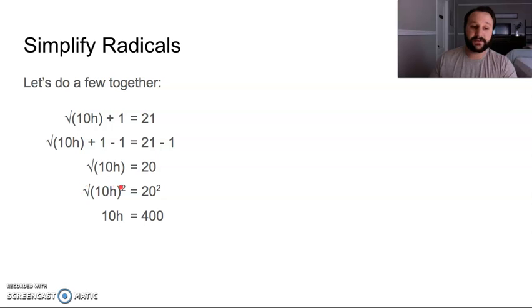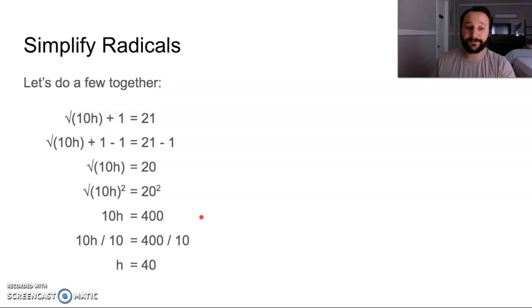The square root and the square cancel each other out. We're left with just 10h, and 20 squared, 20 times 20, is 400. Then we divide both sides by 10 to get h by itself. We're left with h equals 40.